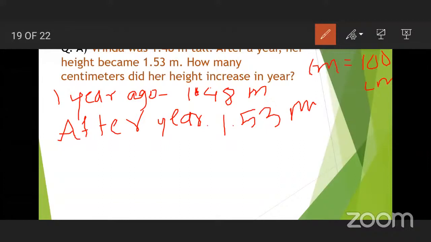So to find the increased height, what will we do? We will subtract. So after a year height is 1.53 minus 1.48.